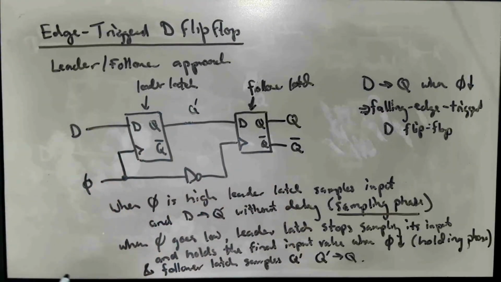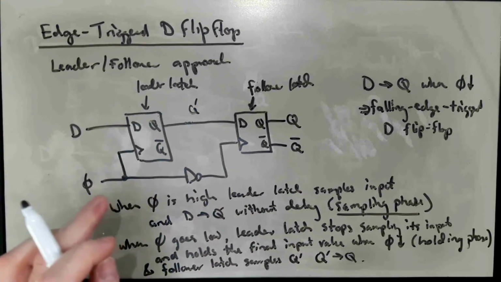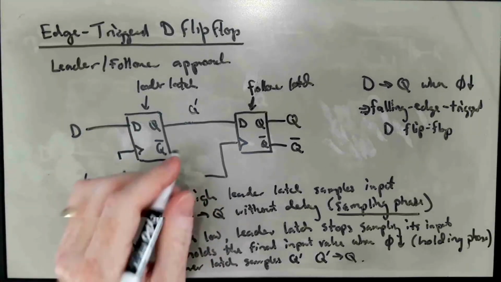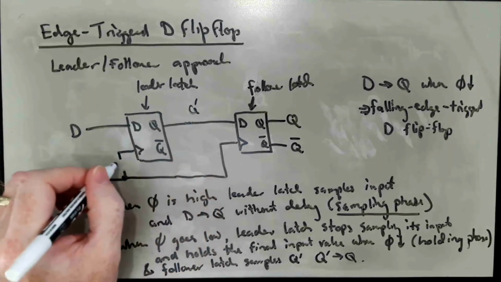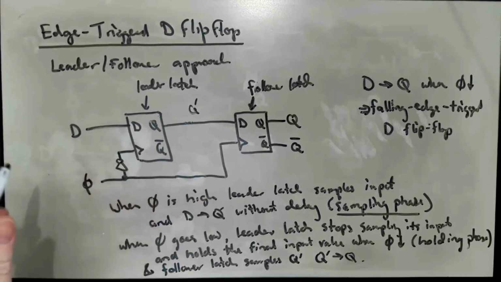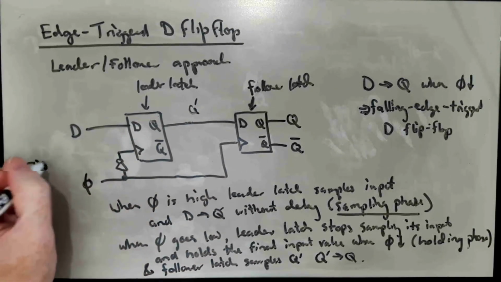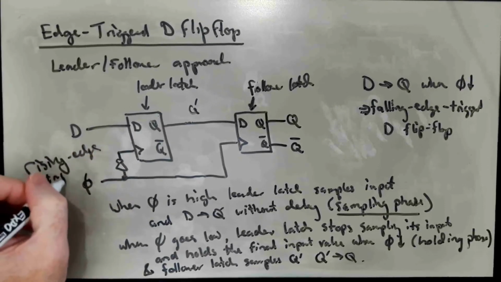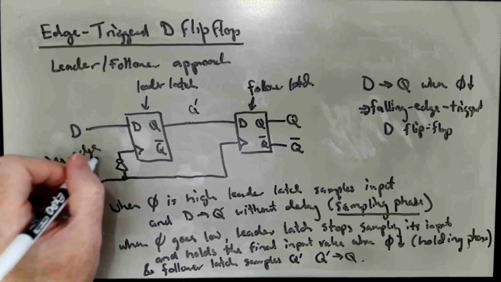So to make a rising edge triggered flip-flop, all we would do is put the inverter here and take the inverter out here. So this would be a rising edge triggered D flip-flop.